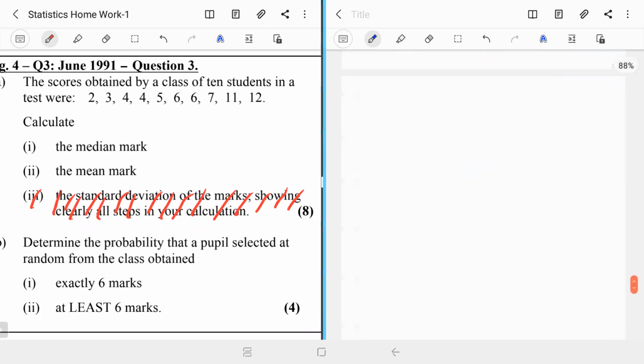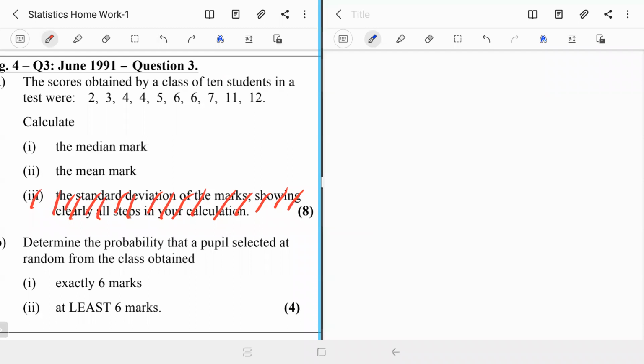All right, let's go. On this set of data, they are already in ascending order. I want us to calculate the median mark. How many values are there? 10 values.